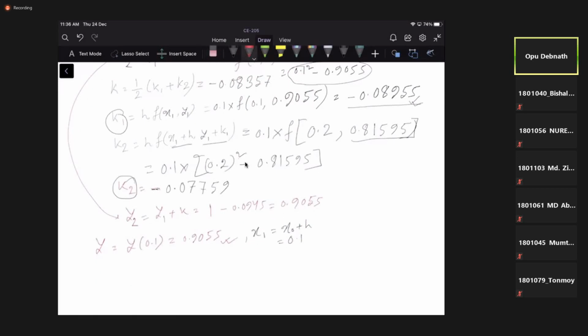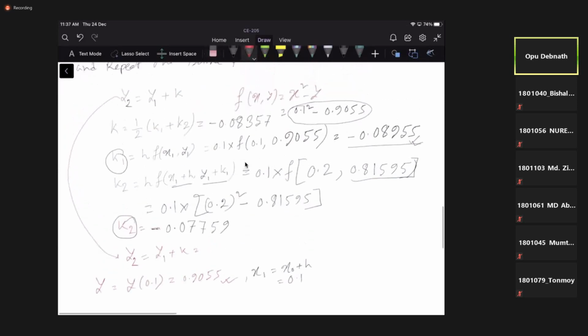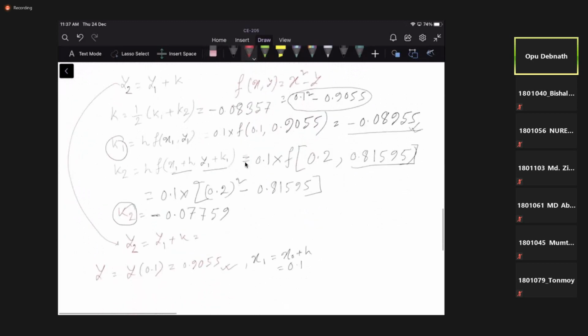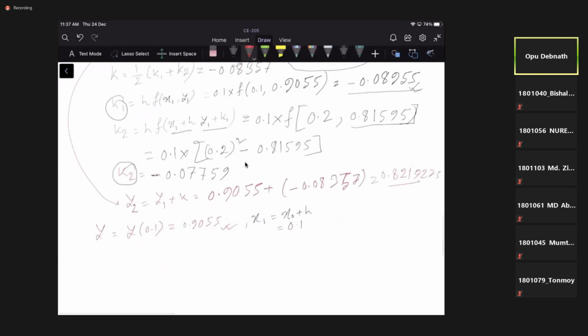Once you get the k value, y2 will be y1 plus k. Here y1 was 0.9055 and k is minus 0.08357. So you will get a value like 0.8219275.